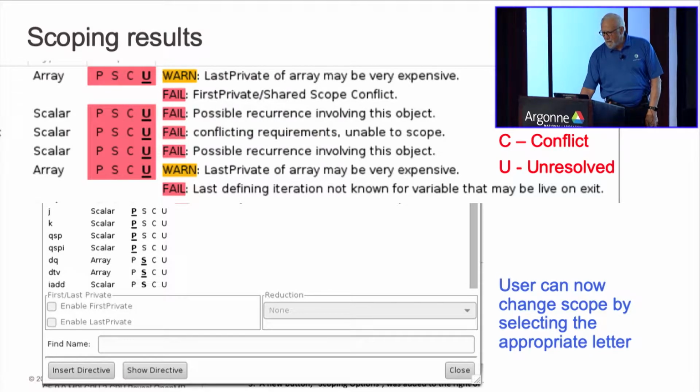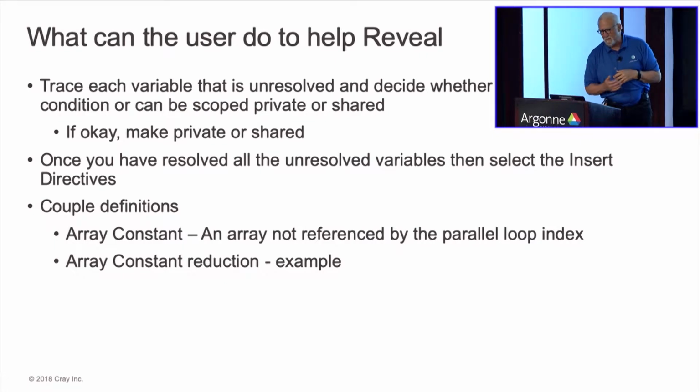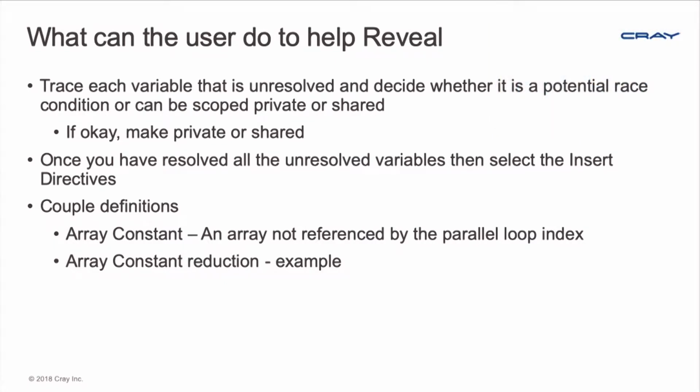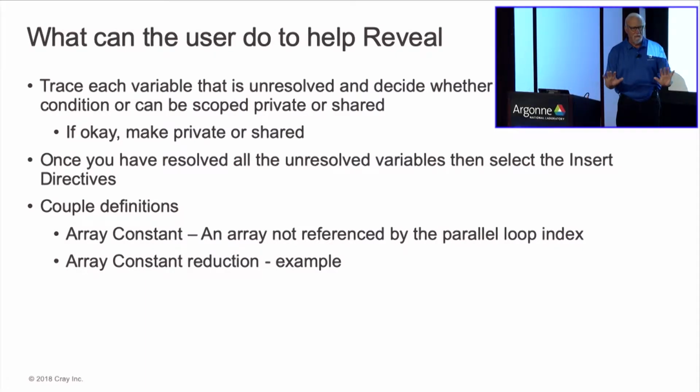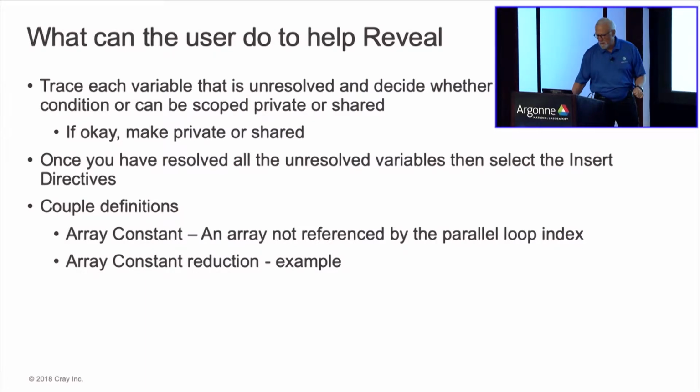Okay. So what I'm now going to do is go over a few scoping rules. Now, you all probably know these down pat, but the whole idea is that you have to scope things as private or shared. There's nothing else in a parallel loop.